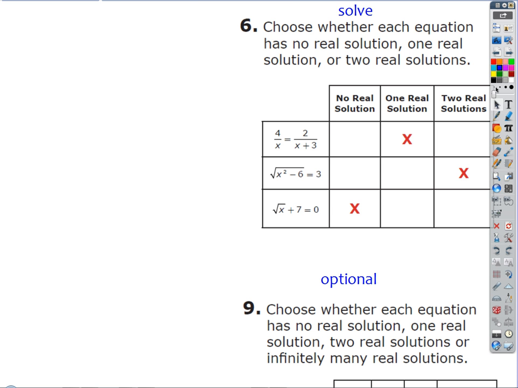Here's the one I want you to tell me about. What about this guy? How do you know, without even doing anything, that that's got no real solutions? What do you think? Because, well, what would have to be true? If I isolate the radical, if I subtract 7 from both sides, look what I get.